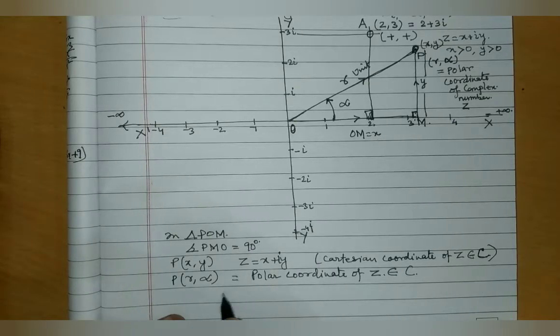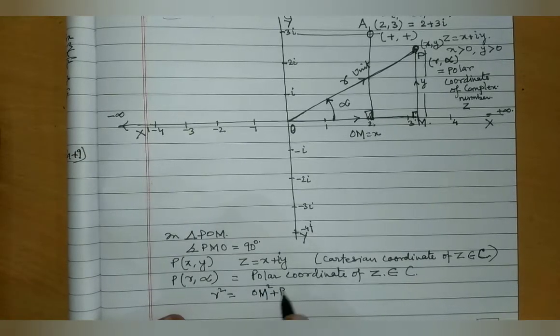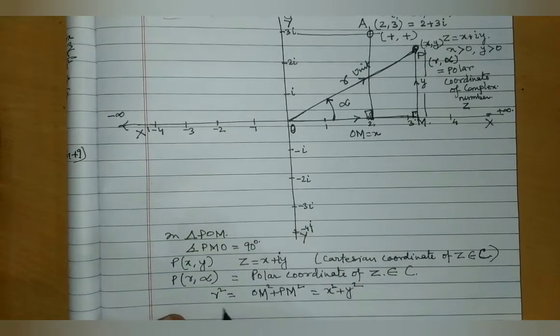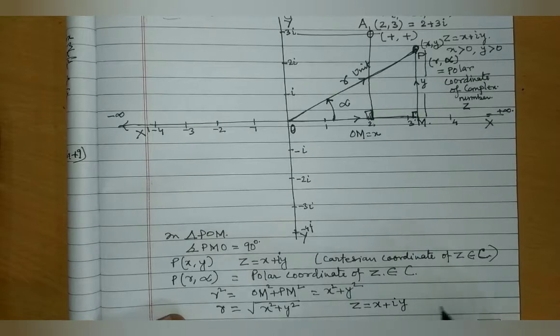So now see here, r square is equal to OP square is equal to OM square plus PM square. So it is x square plus y square. So r is equal to root under x square plus y square. And now we know that z is equal to x plus iy.